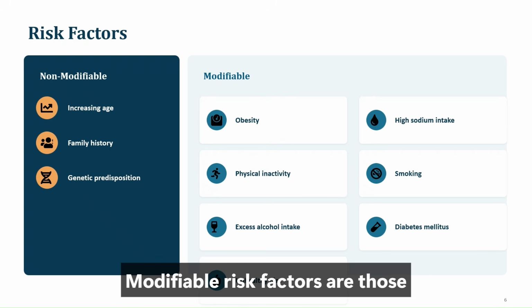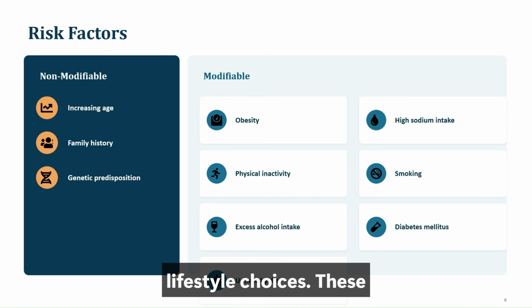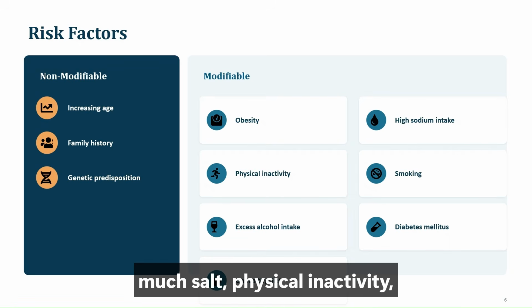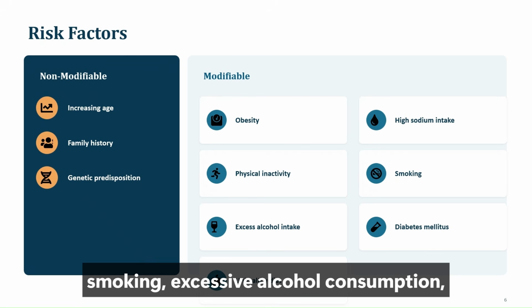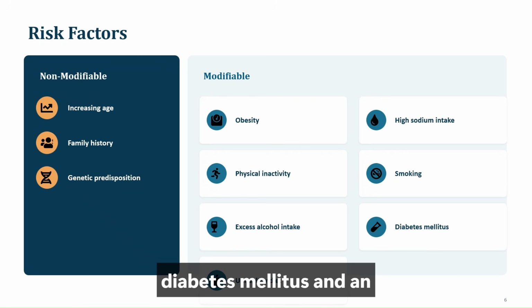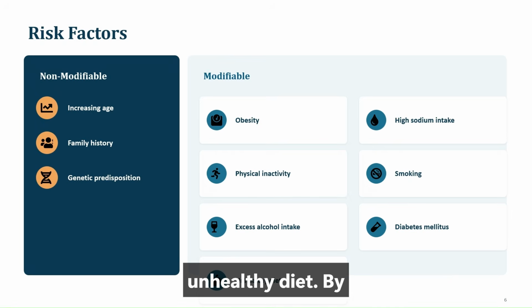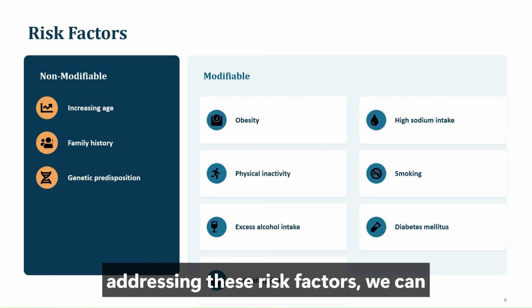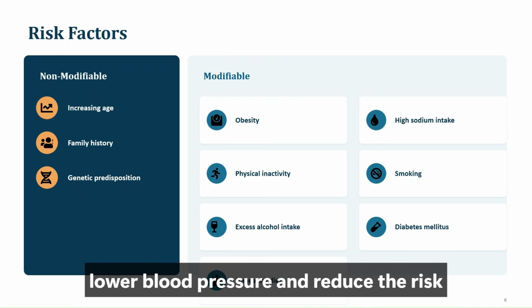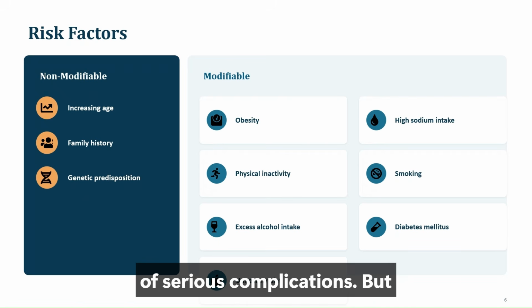Modifiable risk factors are those we can change through healthy lifestyle choices. These include obesity, eating too much salt, physical inactivity, smoking, excessive alcohol consumption, diabetes mellitus, and an unhealthy diet. By addressing these risk factors, we can lower blood pressure and reduce the risk of serious complications.